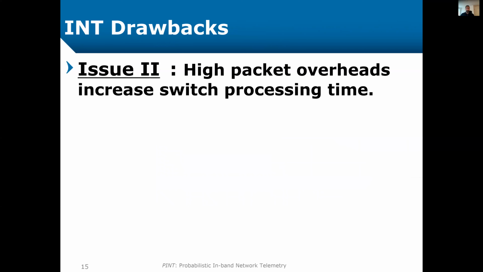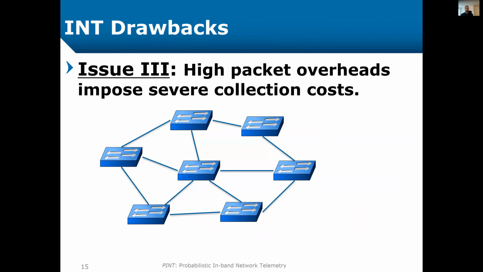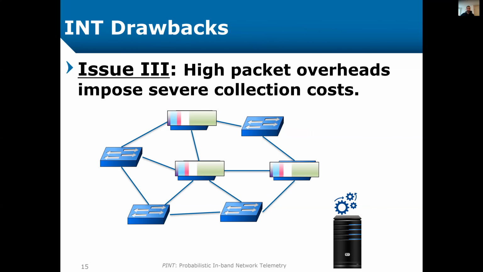A third problem, again, for these high packet overheads is the collection cost. And what I mean by that is we have our network, we have the collector that is supposed to get all this information. Now the switches would add this INT information and then send it to the collector, right? But that creates a lot of data, right?